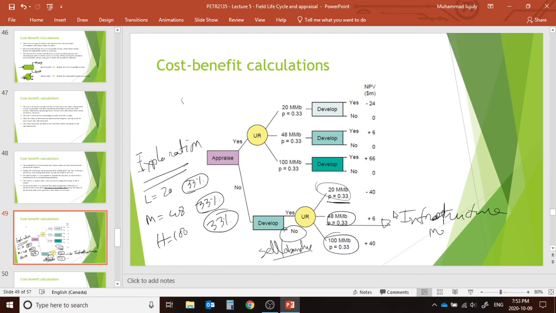That means if you do not do the appraisal, you do not know how much it contains, but you have already invested in the infrastructure and you have found only 20, then the infrastructure would be bigger. That means you lose money, a big chunk of money, that there is a probability or possibility that you are going to lose.